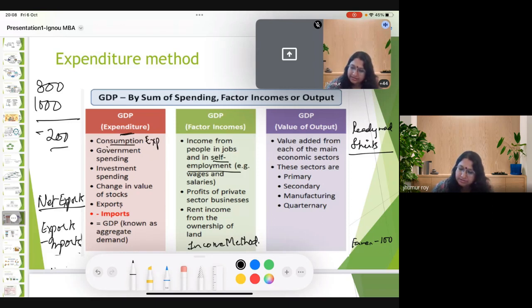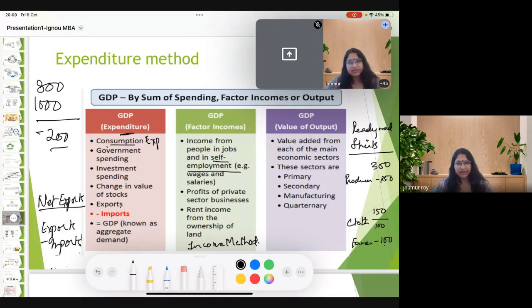There is a person who buys this cotton for 100 rupees and makes cloth, which costs 150 rupees. Now the producer has bought this for 150 rupees, and then he is selling this for 300 rupees.